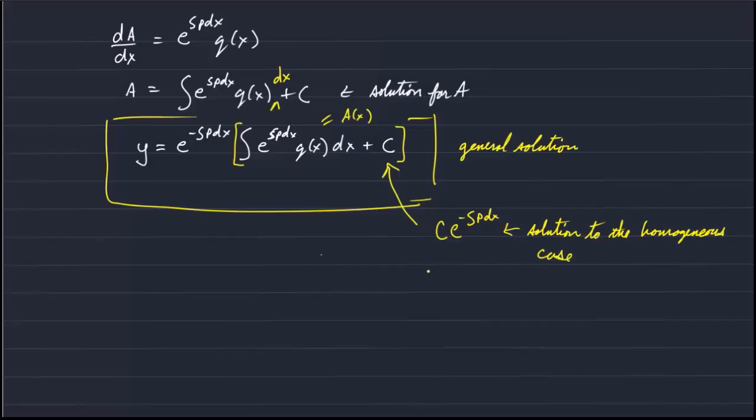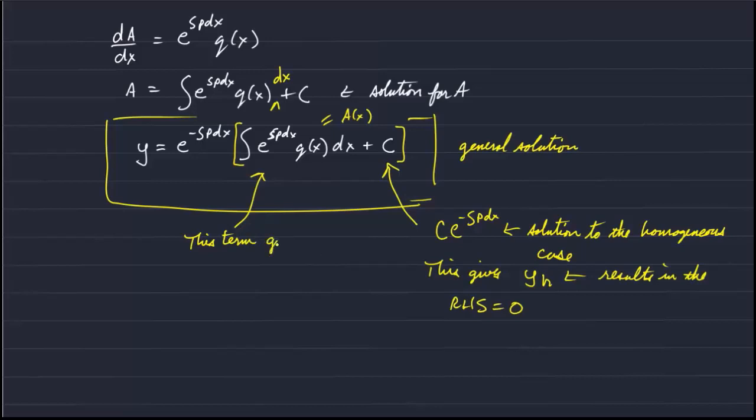So this gives y sub h, and results in the right-hand side equaling 0. It's this term that gives the non-zero right-hand side.